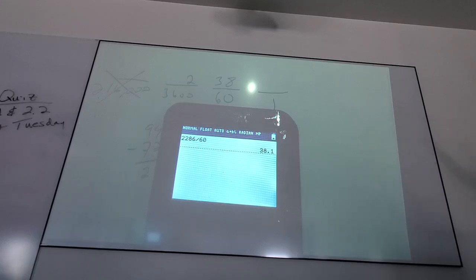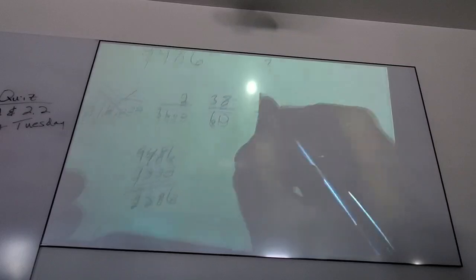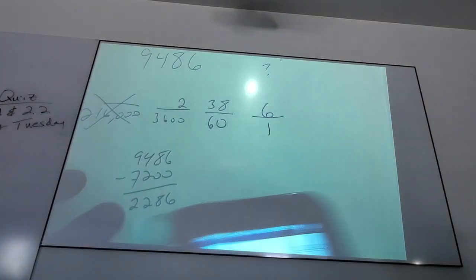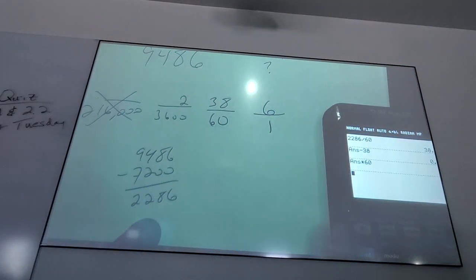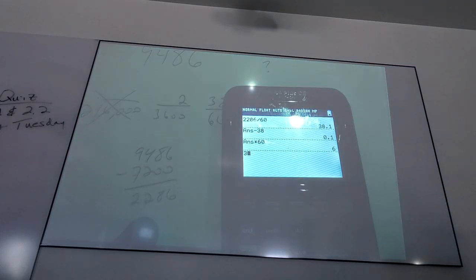Does that sound familiar? You make a little fraction out of the remainder. So it kind of makes sense. If I just isolate the remainder and I multiply by what I divided by, I see what the whole number remainder was. So then I put a 6 here, because that's how much I got left. Now the longer way to do this is, I got 38 60s. What is 38 times 60?